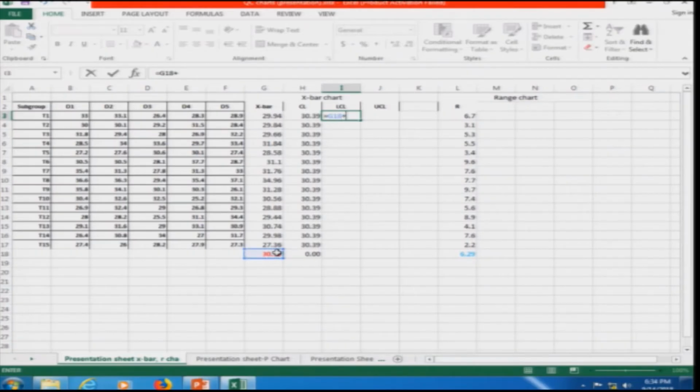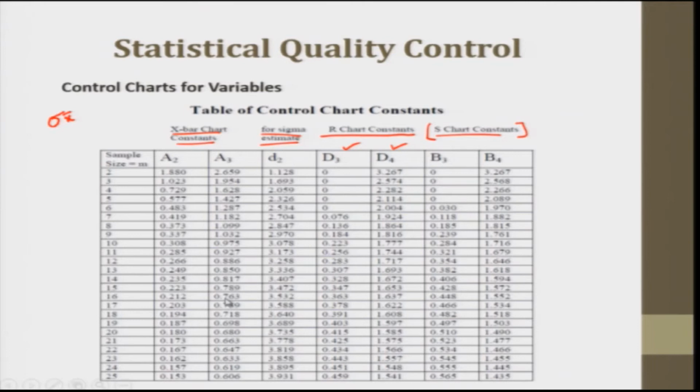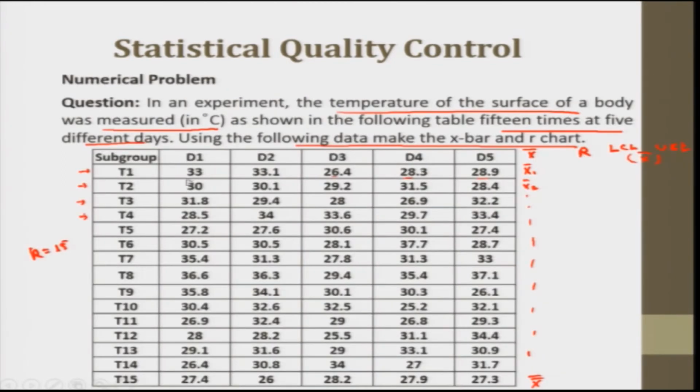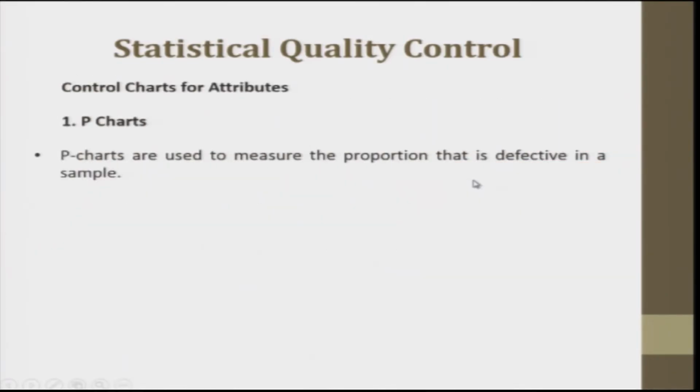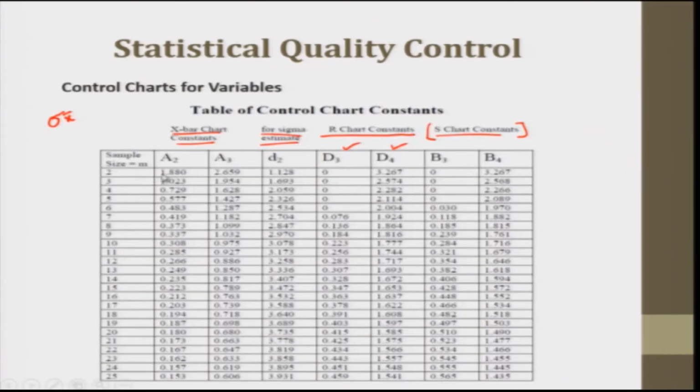What is the value of A2? Now, let me come back to this table here. The value of A2, the sample size, D1, D2, D3, D4, sample size is 5. So, the value of A2 would be taken for 5 sample size. The value of A2 here is 0.577, if you see.